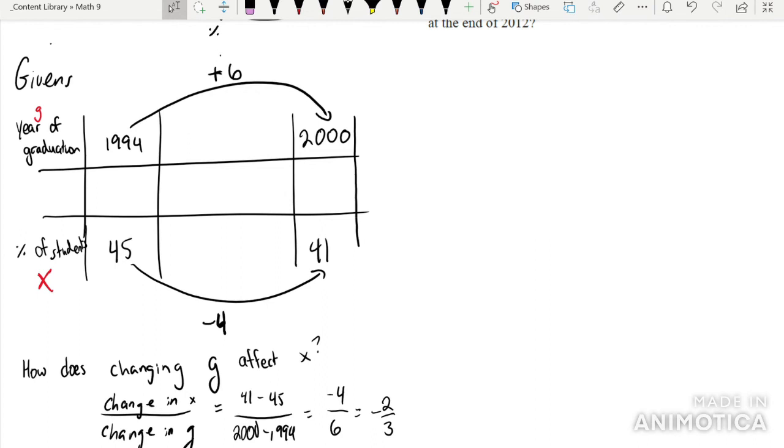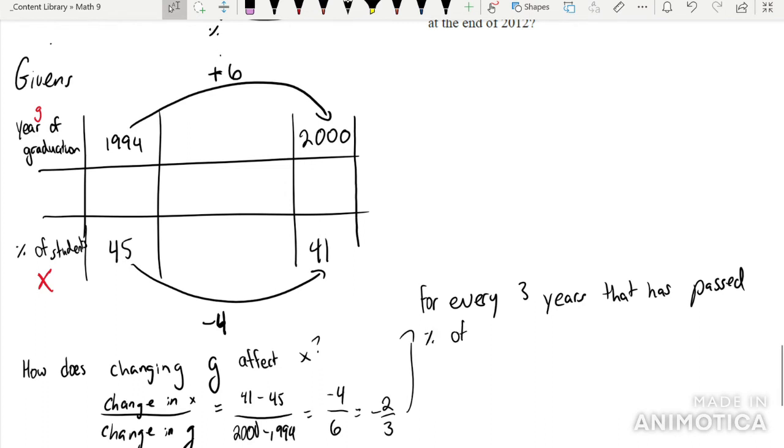So the way I can think about this is, for every 3 years that has passed, percent of graduation goes down by 2%.